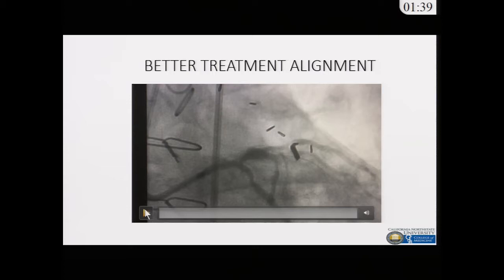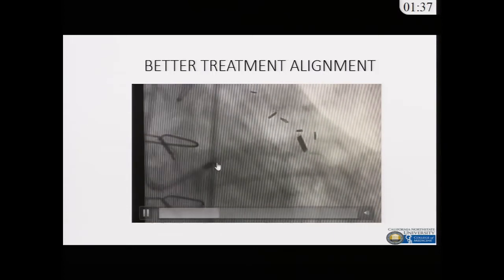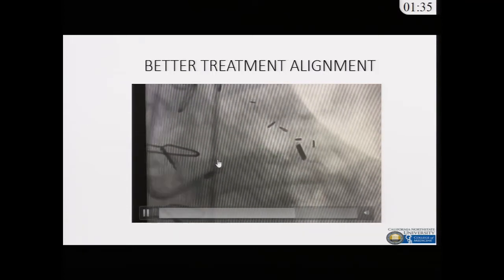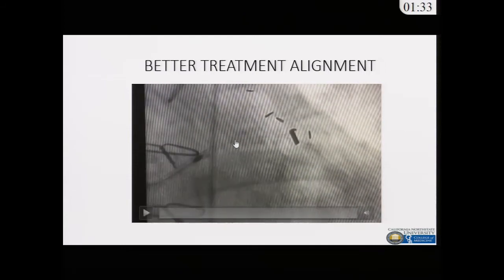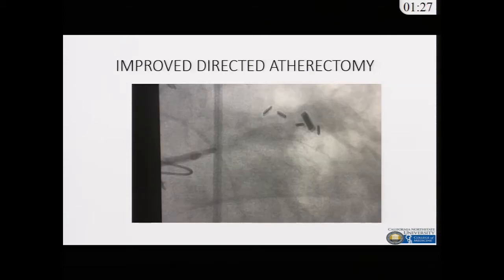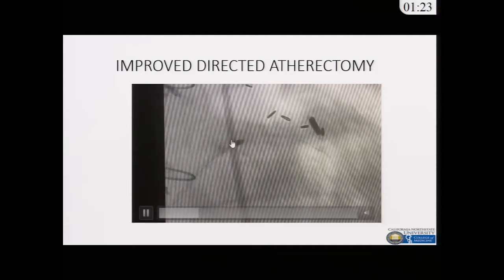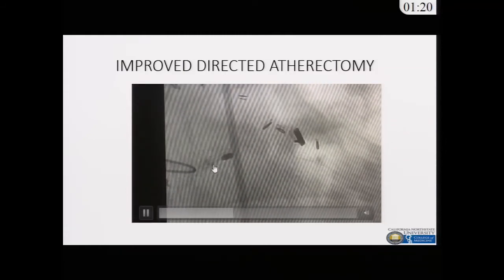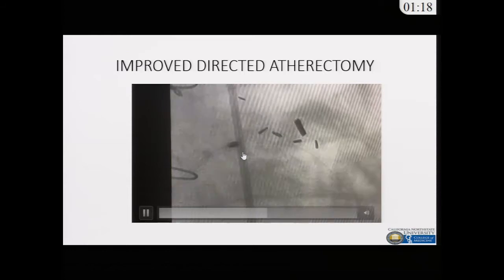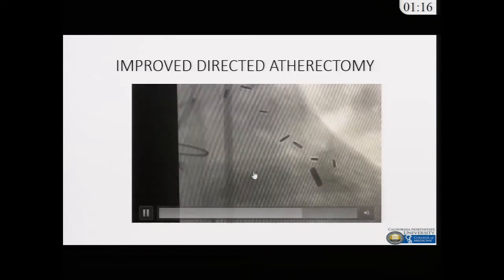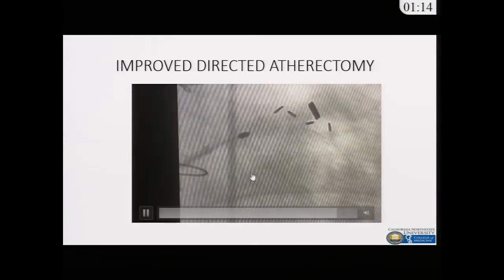But by exchanging for a guide that sits deeper into the artery and coaxial, you can see that the tip of the guide is right against the lesion. And now when the burr comes out of the guide, it goes right into the lesion, and it gives me better directional atherectomy. And you can see even here, I actually advanced the guide so that the burr is sitting right into the lesion so that I can impact that.